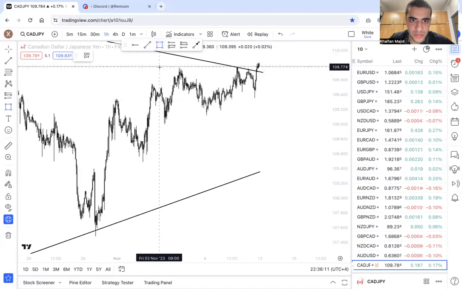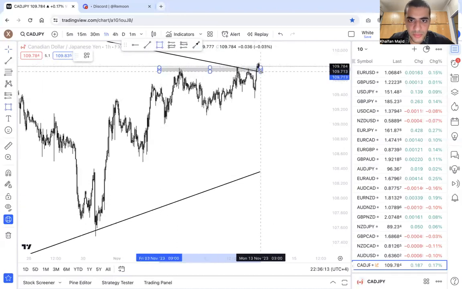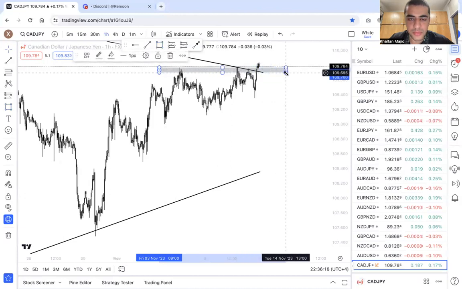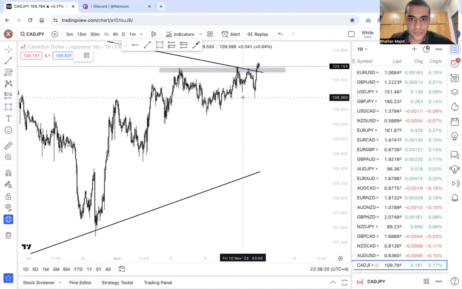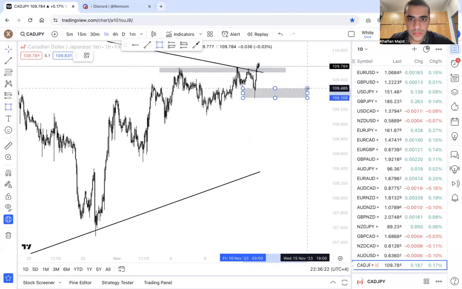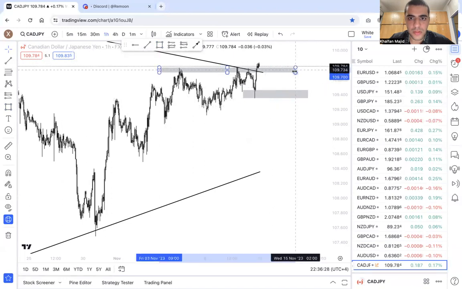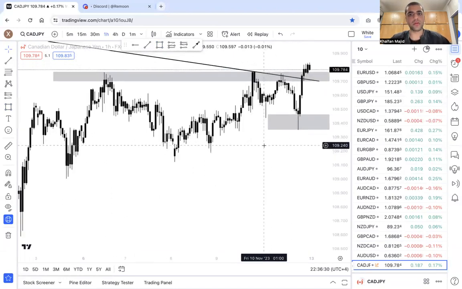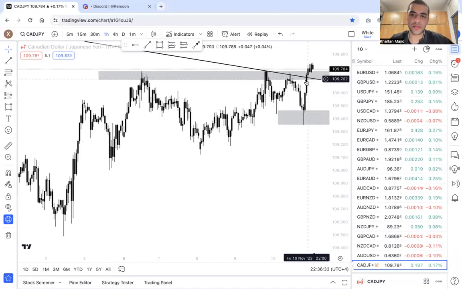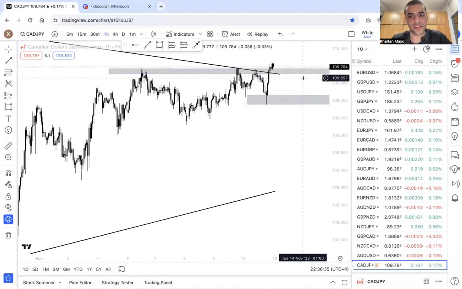And yes, this could be a break and retest now if it comes back or goes up a little bit more. Yeah, I wouldn't trade it because, you know, breaks and retests.